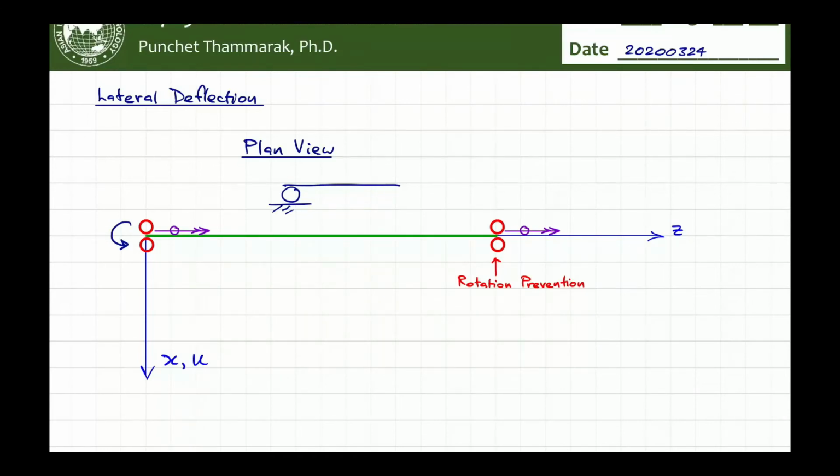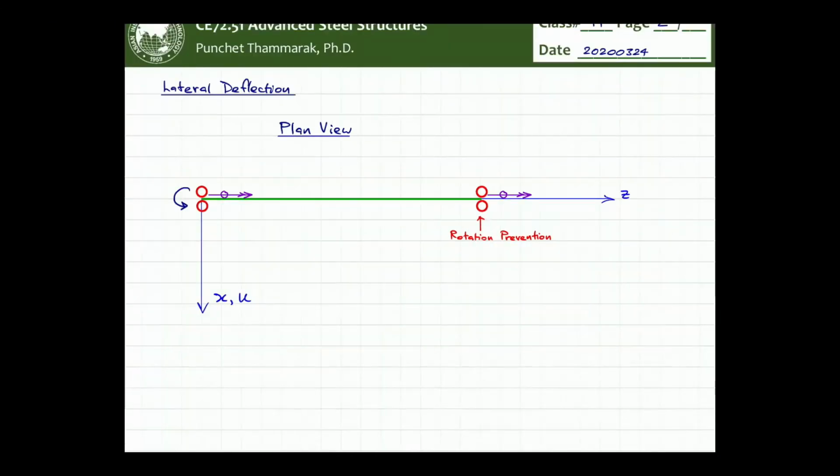Your moment has to be 0 at this end. But it can restrain and give you the fixity along the x-axis, so this end will not be moving up or down. That's the condition we pose for this plane.